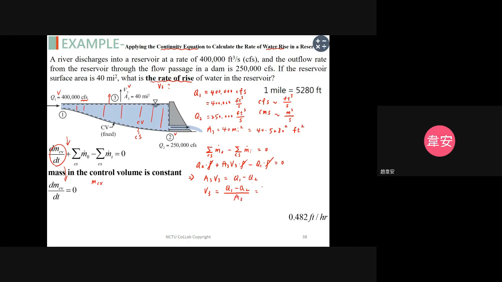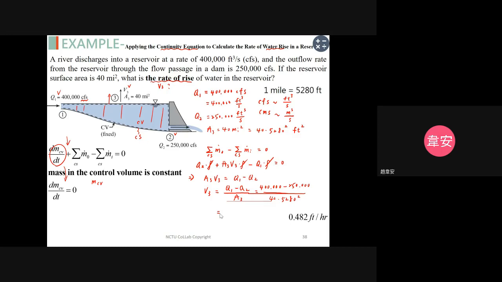So this is 400,000 minus 250,000, divided by 40, and then the conversion from 1 mile to ft, 5280 squared, and you can use your calculator to compute V3.